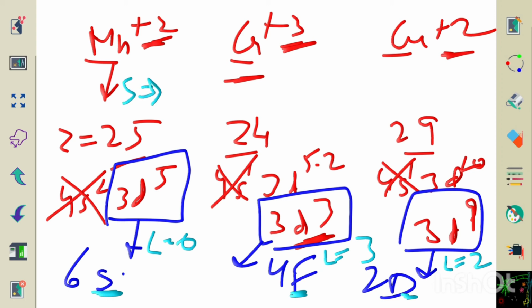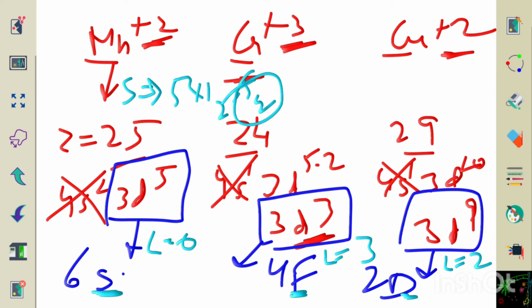So d5 means it is half filled, right? So for half filled or more than half filled, we have to use the formula L plus S. So capital S will be 5 into half, that is 5 by 2. So here S value is 5 by 2.